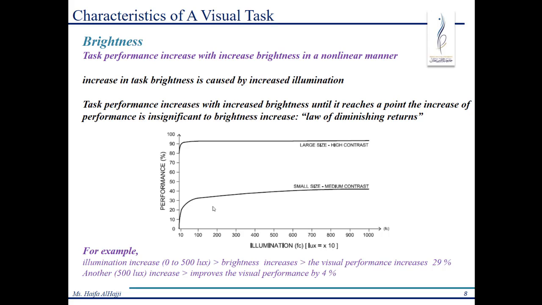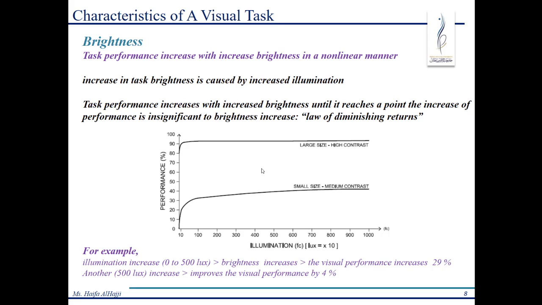Well, we don't have to actually know why we are getting this exactly, okay? You don't have to memorize it, just need to understand that the illumination level is required at a certain level. Then after that, any addition of lighting is not going to add much of the performance.